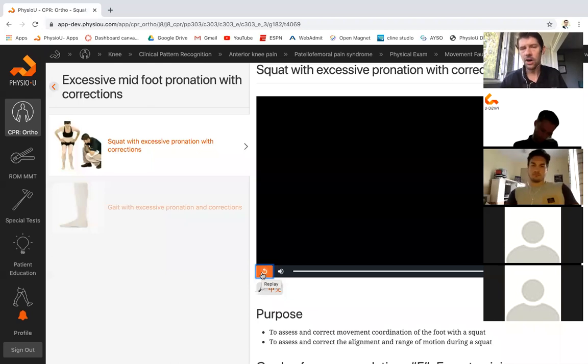So then now, does that change the impairments that you'd want to test on the table? What would you want to look at now? So let's say they did a squat. It was more the foot, the pronation that you corrected that made them feel better. When you had them push their knees out, it didn't change much. So what impairments would you want to look at on the table? What would be your associated impairments?